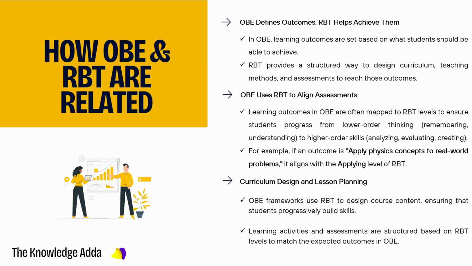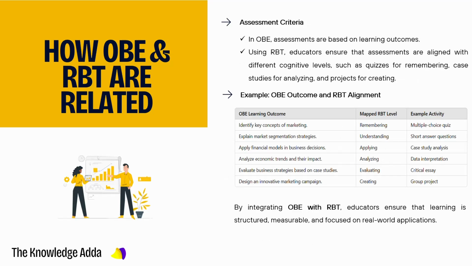Learning outcomes in OBE are often mapped to RBT levels to ensure students progress from lower order thinking to higher order thinking. For example, if an outcome is apply physics concepts to real world problems, it is aligned with the applying level of RBT. Outcome based education frameworks use RBT to design course content, ensuring that students progressively build skills. Learning activities and assessments are structured based on the RBT level to match the expected outcome.